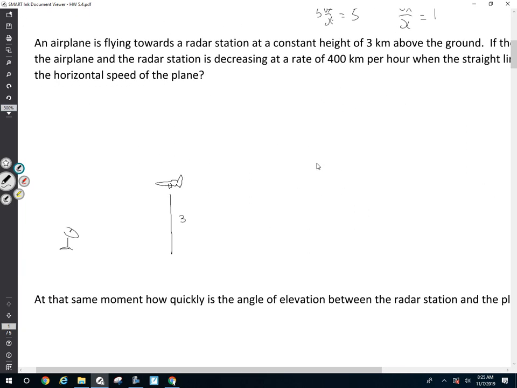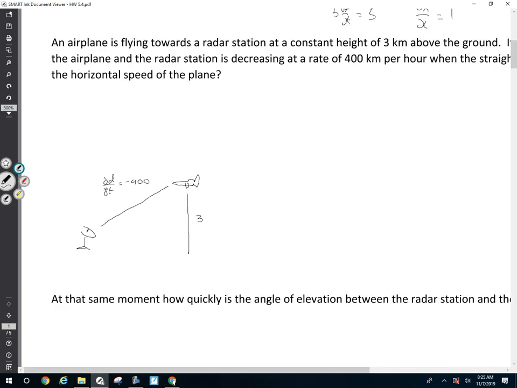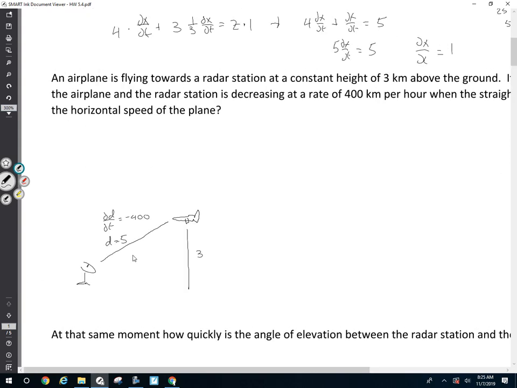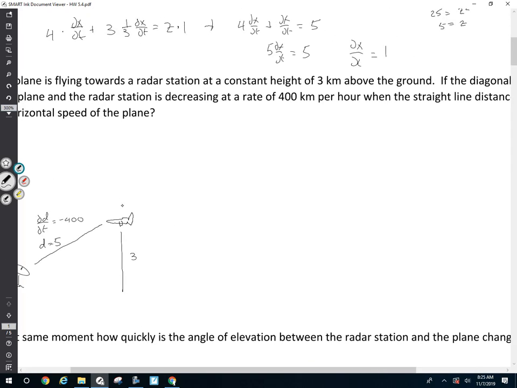The diagonal distance is decreasing. I'm going to say that's dd/dt. It's negative 400. That's fast. And the straight line distance, that would be d as well, is 5. What is the horizontal speed of the plane? So the horizontal speed would be dx/dt, and that's what I'm trying to find.